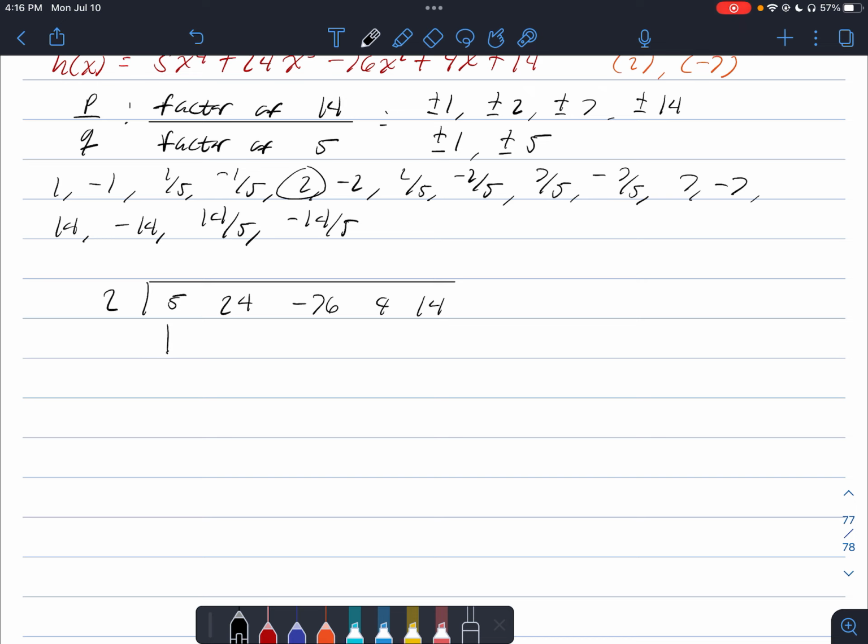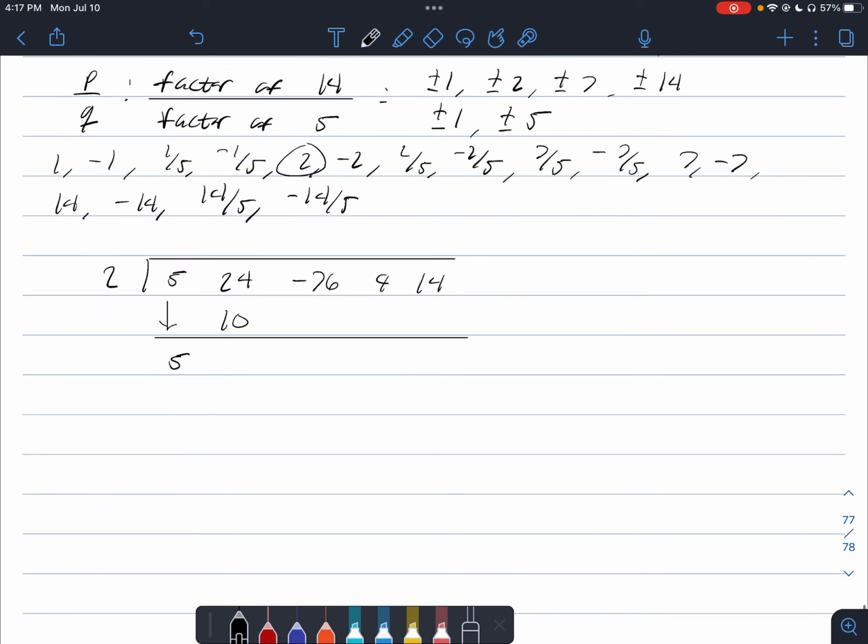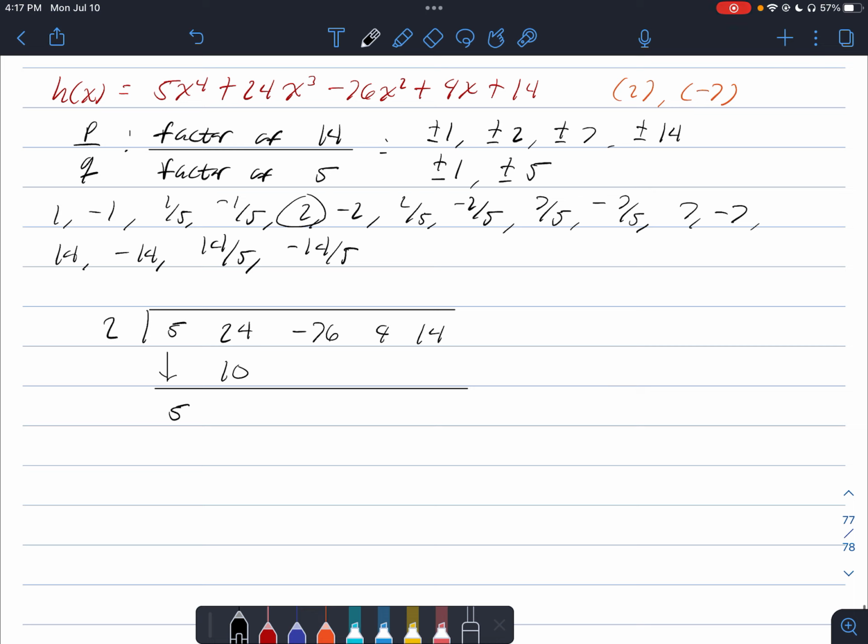Okay, so let's go ahead and bring down the 5. So we'll have 2 times 5. That's 10. Okay, so 24 plus 10 is 34. 34 times 2 is 68.